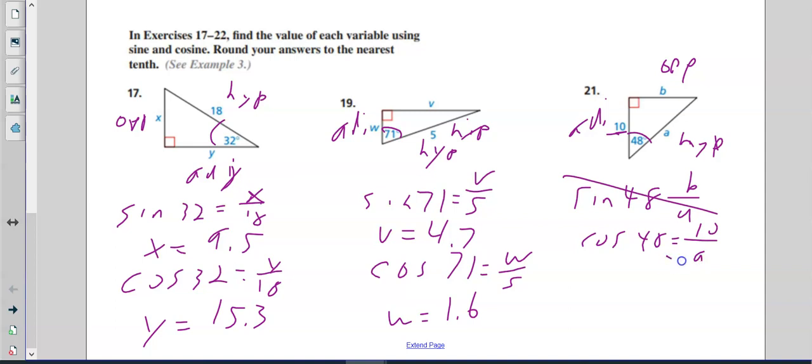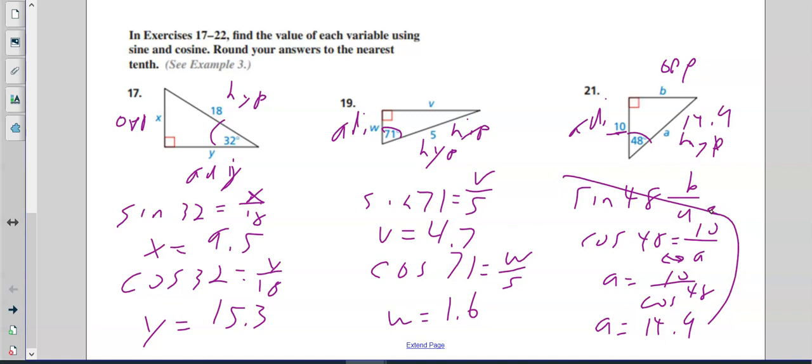This is one where we switch these. A is equal to 10 divided by cosine of 48. We type that in our calculator, and we get a is 14.9. Now that we know 14.9, we can go back and solve this problem.